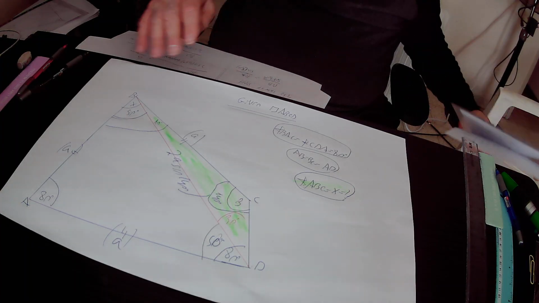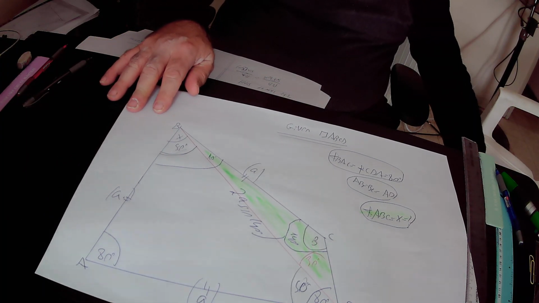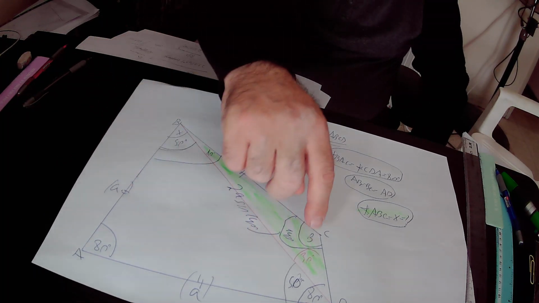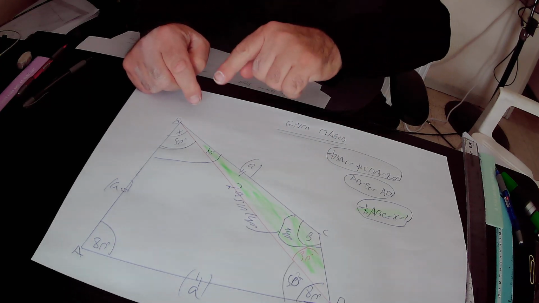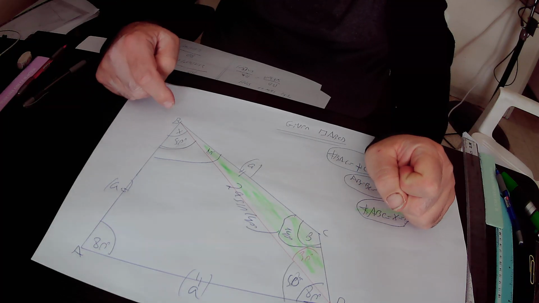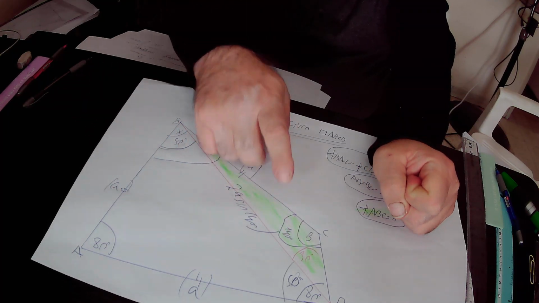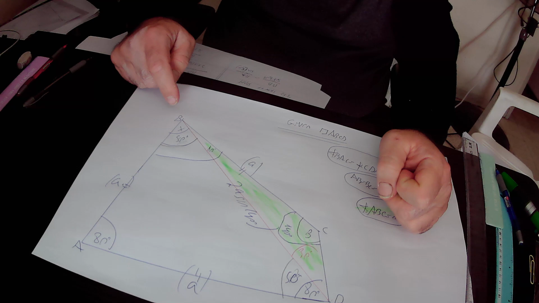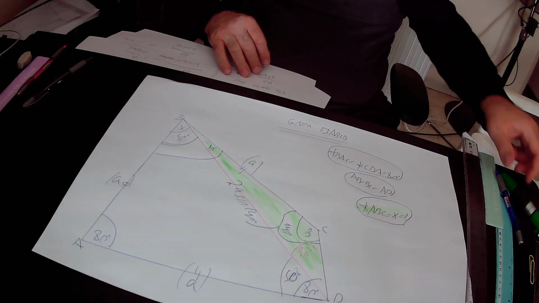So in this triangle ABD, according to the law of sines, we get that BD over sine 30 degrees equals BA over sine 50 degrees.